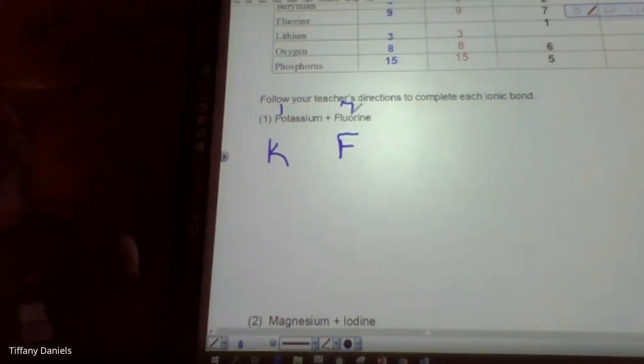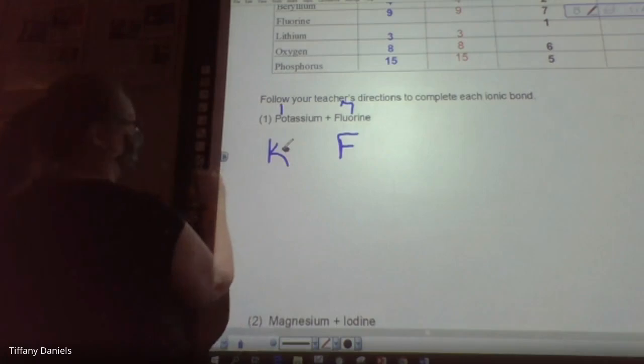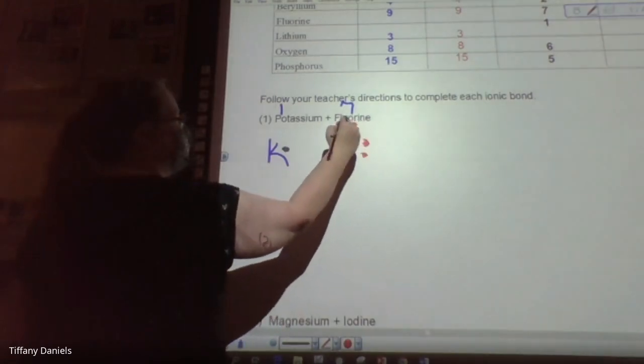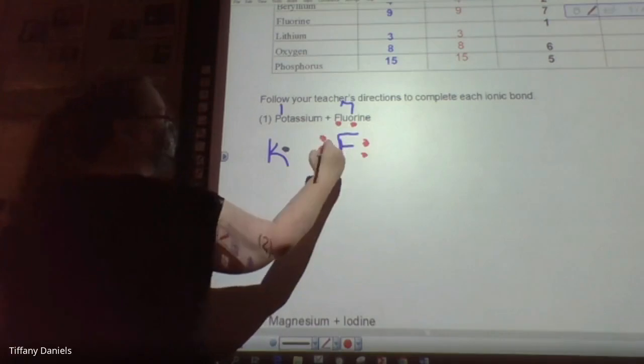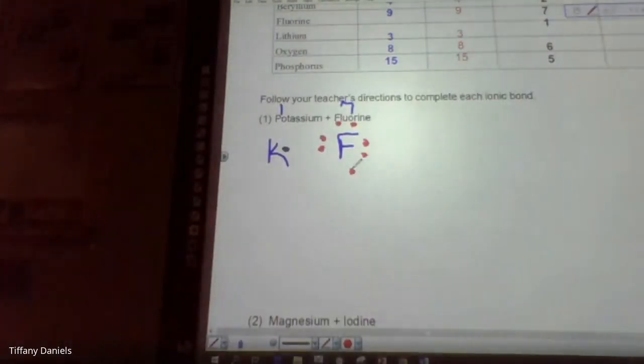And so now I do my Lewis dot structure. So there's 1 for potassium. Okay. And 7 for fluorine.